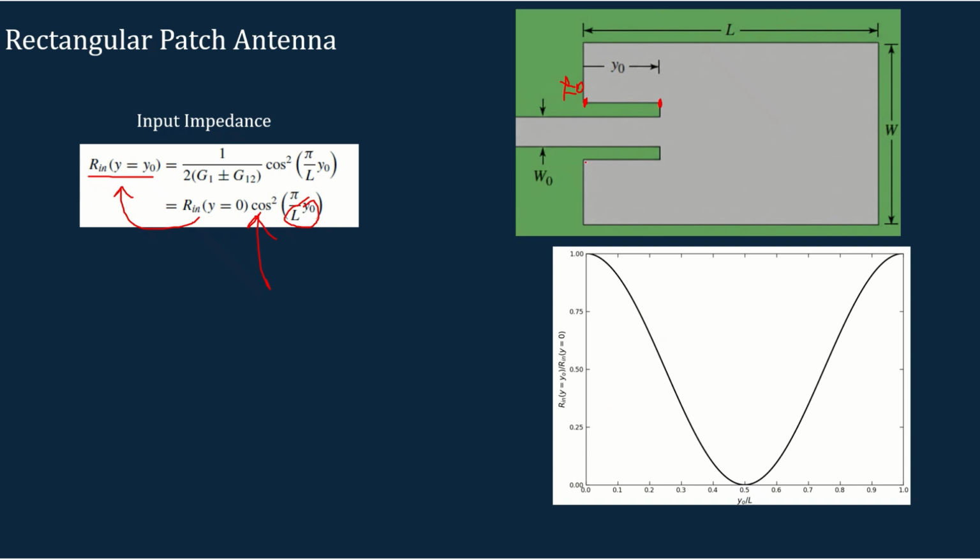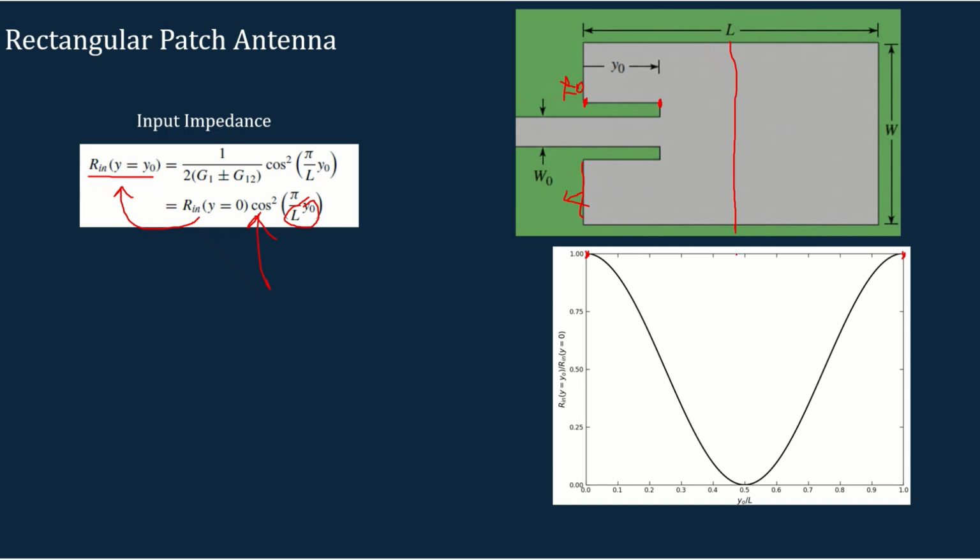We have seen earlier that as this is like an open slot, the impedance will be very high. So the impedance at this position will be very high, and at both the ends it will be very high. When y0 by L equal to 0.5, that means it is at the mid of the position.